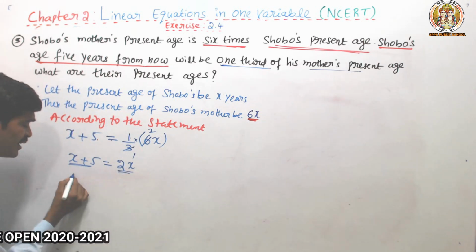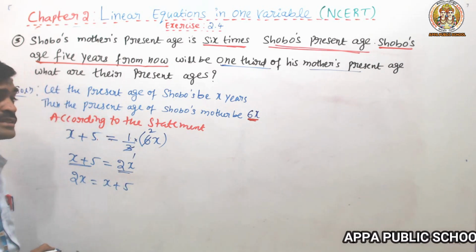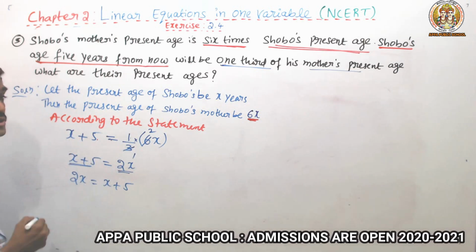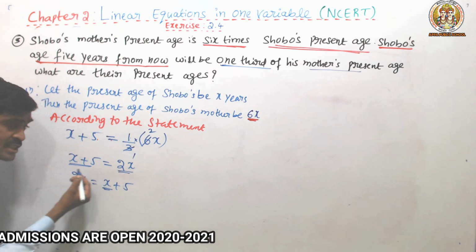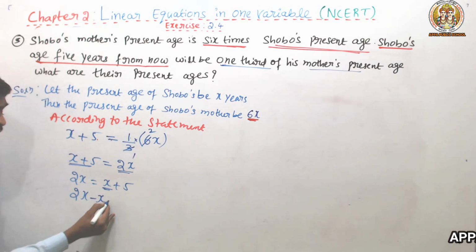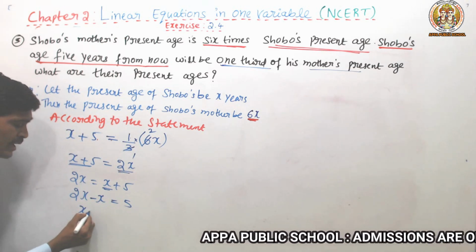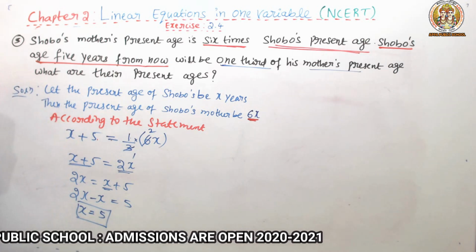So we are shifting the complete 2x this side and x plus 5 that side. There is no change in sign. Why? Because we are shifting the whole term. That's why no need to change the sign. So 2x is equal to plus x, transferring to LHS, there should be minus x is equal to 5. So 2x minus x is equal to x. So x is equal to 5.